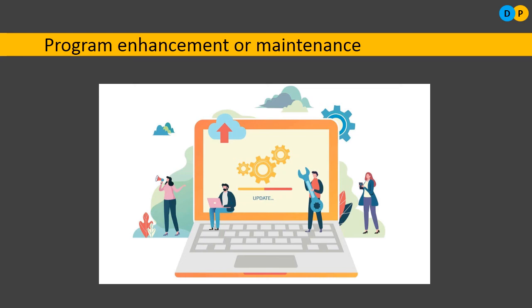The software developed today may be outdated after a few months or a few years. So we have to upgrade the software we have developed, so that it can work with different gadgets or different hardware devices. In order to do that, we have to go with the last stage, that is program enhancement, or we have to maintain it on a regular basis.